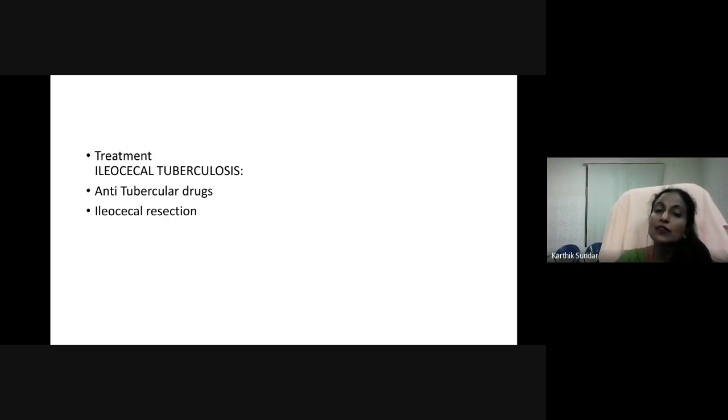There will be flimsy adhesions, and the adhesions themselves will cause obstruction. So not only the ileocecal region, but these adhesions can also cause obstruction.